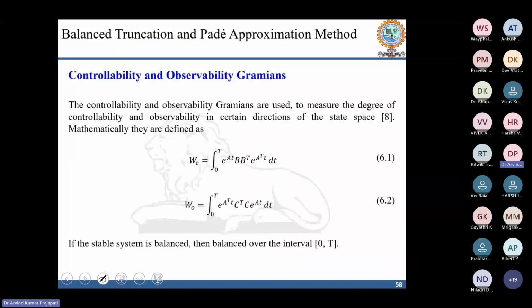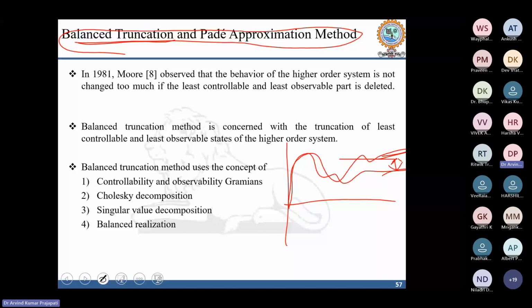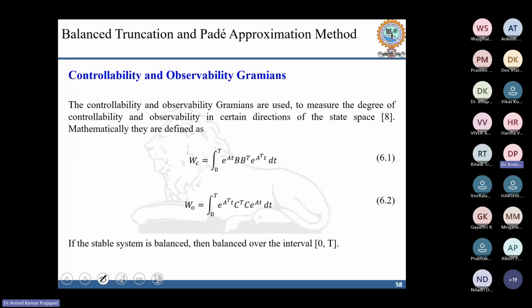So how can you do this? First you have to learn balanced truncation, and then we will merge it with the Padé approximation technique. In the balanced truncation technique, the first step is to determine the controllability and observability gradients. So what are the controllability and observability gradients? Everyone knows that a system is said to be controllable if you can transfer it from one state to another state.